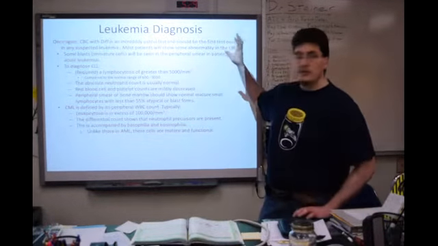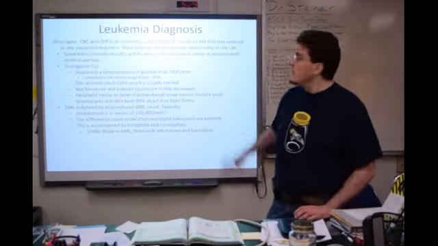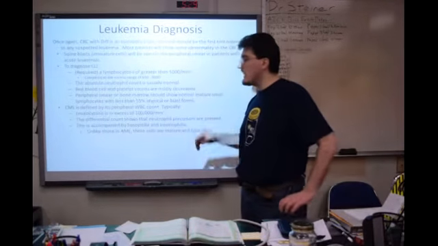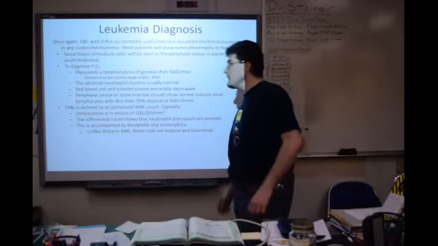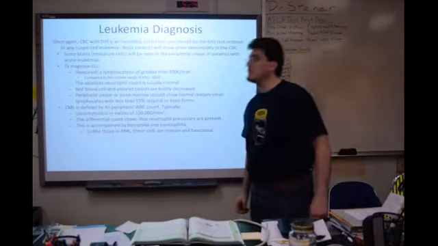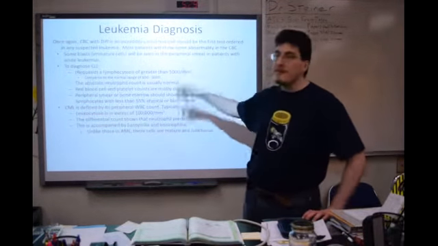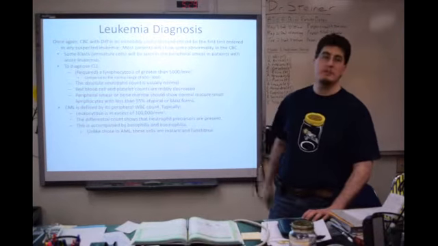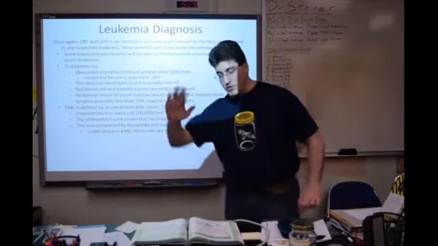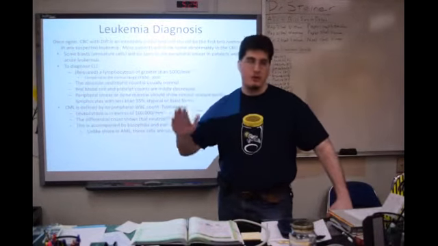In order to diagnose the chronic leukemias, it gets a little bit less simple. You require, for the diagnosis of chronic lymphocytic leukemia, a lymphocytosis of greater than 5,000 cells per cubic millimeter. Now, a cubic millimeter is roughly equivalent to a microliter.